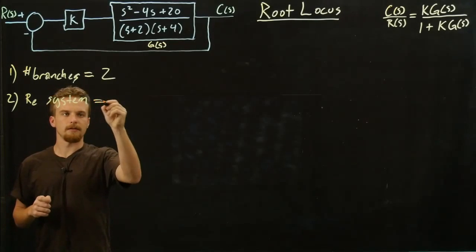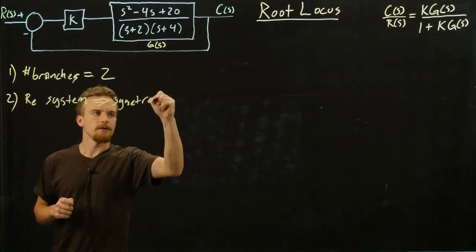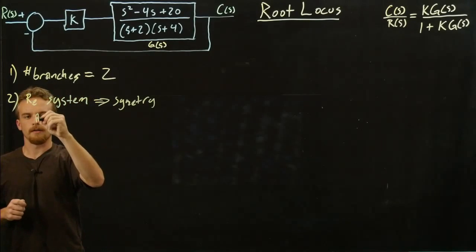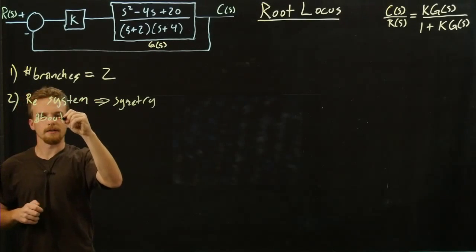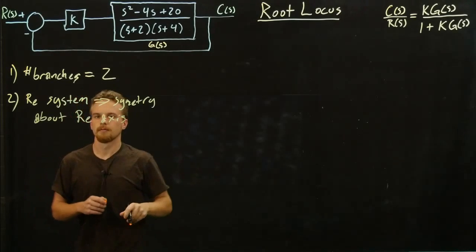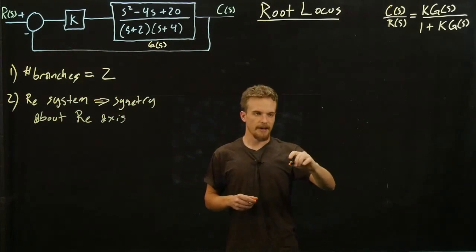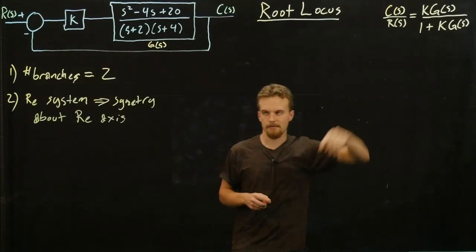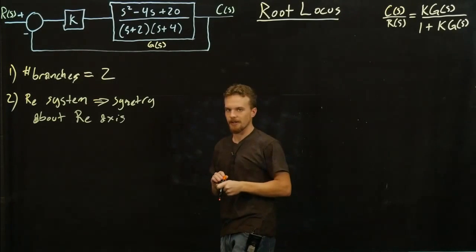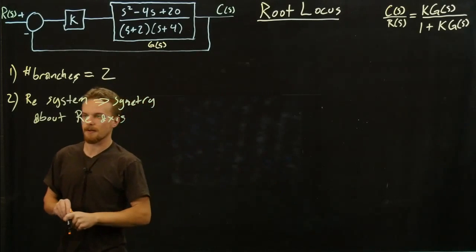So we get symmetry about the real axis. That means that when we're sketching our root locus, if we decide that one branch veers away from the real axis, the other one has to do the same but opposite thing.